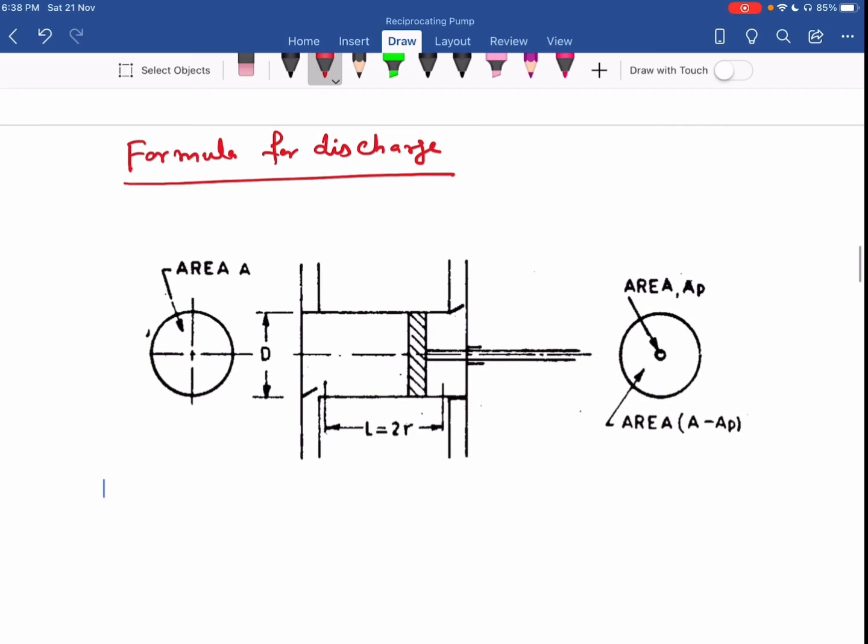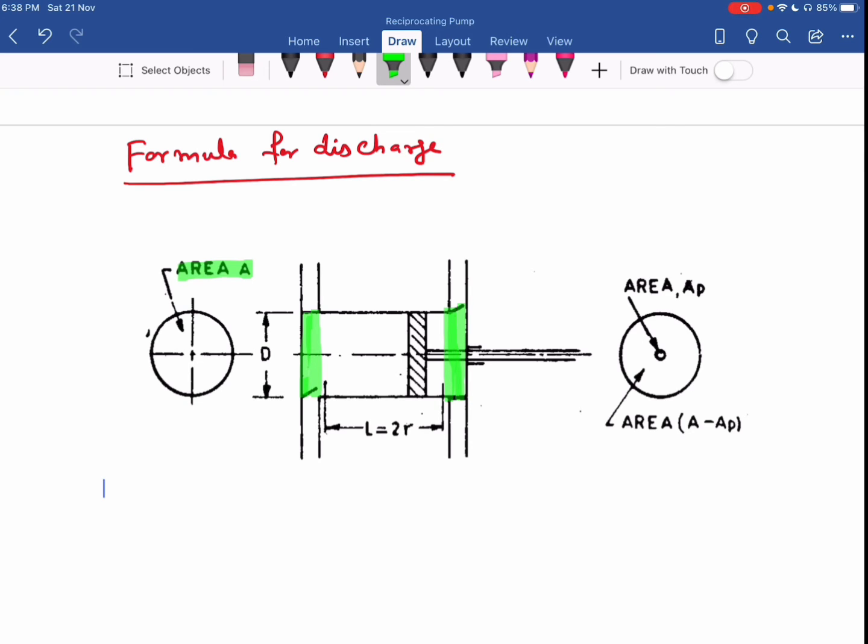Capital A is the area of cross section of the cylinder. When my piston moves from extreme left, that is from this side, to extreme right, that is to this side, I can mark here, this is my piston movement.